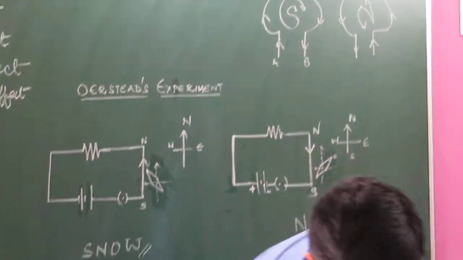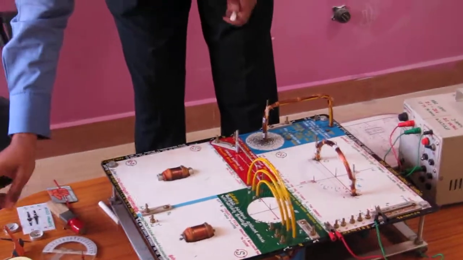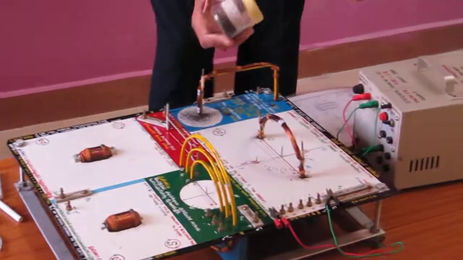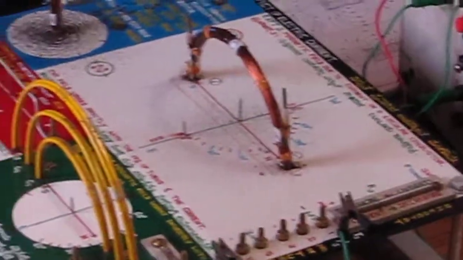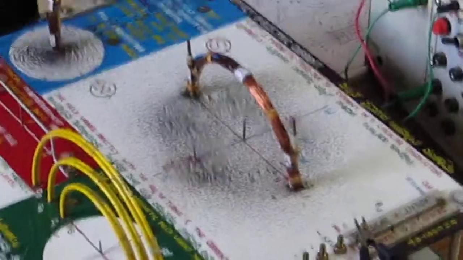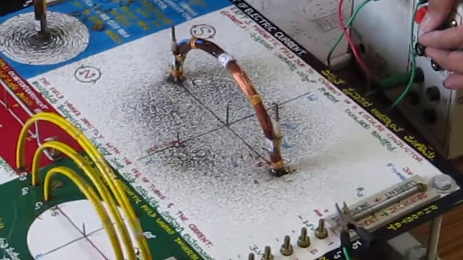Now we will observe the magnetic field pattern around the circular loop. I sprinkle the iron filings here. Now I pass the current through it for about 30 seconds and gently tap it.